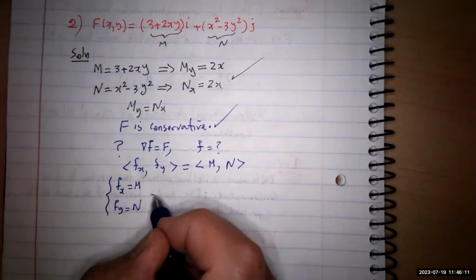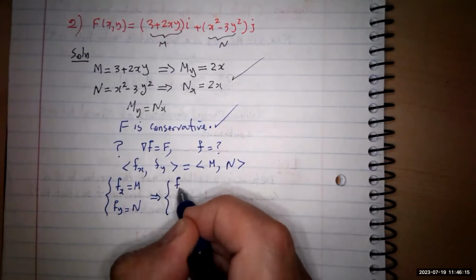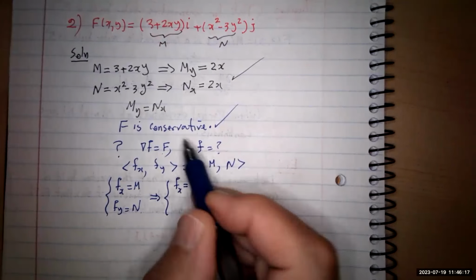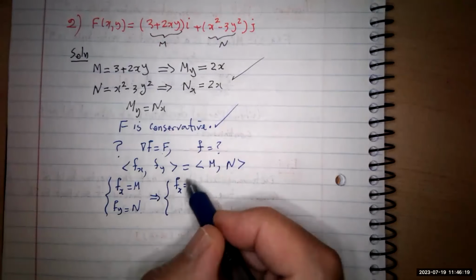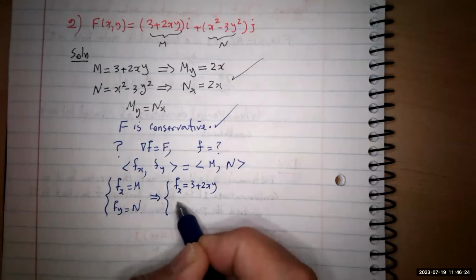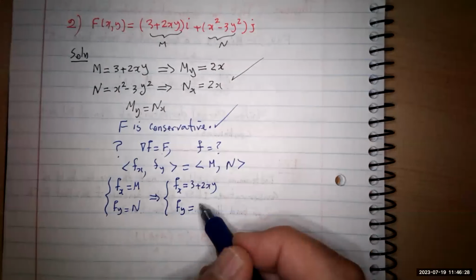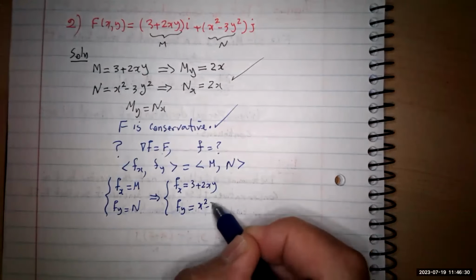So f sub x is equal to M, and M is 3 plus 2xy. f sub y is equal to N, and your N is x squared minus 3y squared.